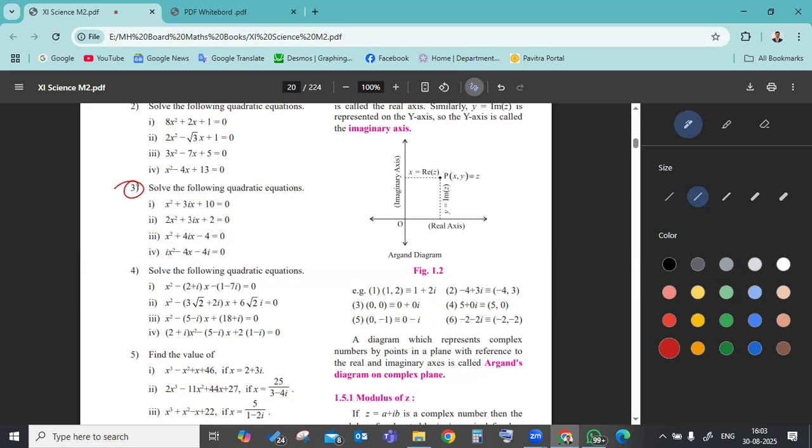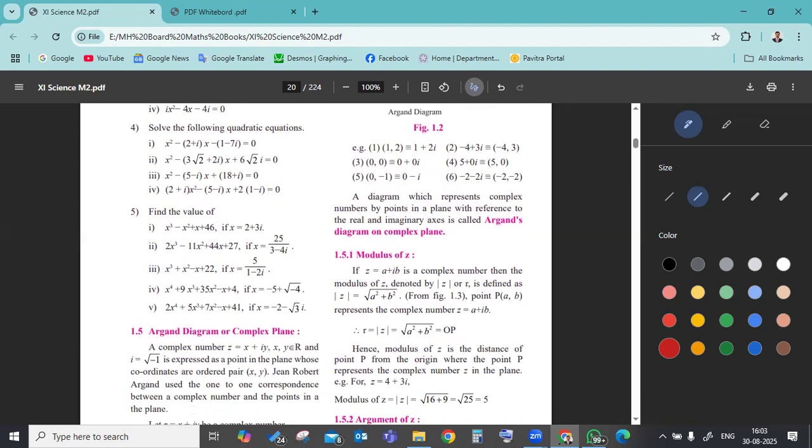It looks complicated a bit. Okay, so let's take an example from question number 4, the second one. 2x cubed minus 11x square.